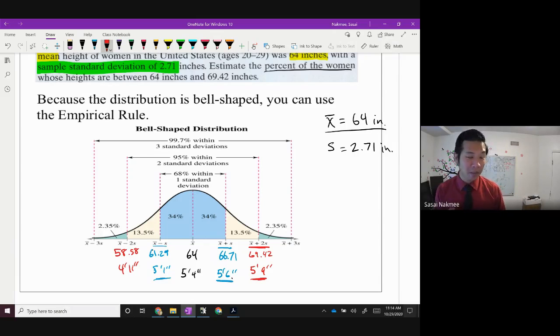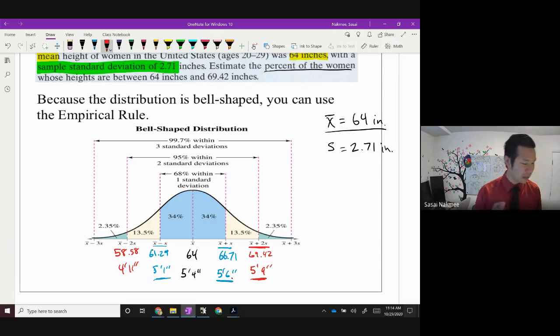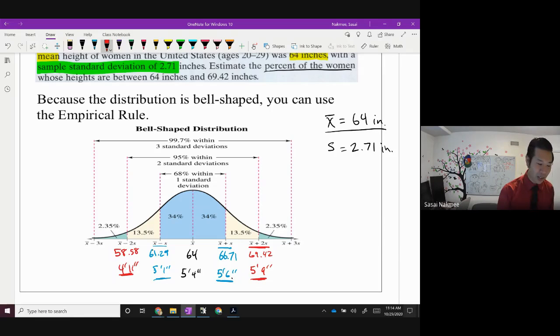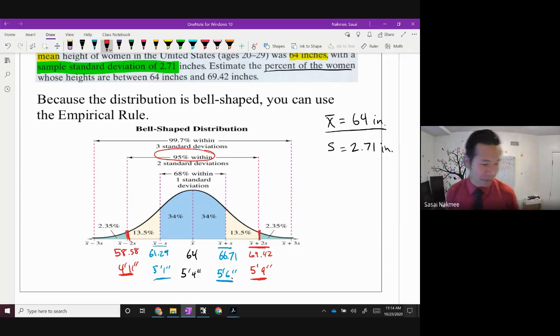Do you know many women who are 4 foot 11 inches? So you're telling me my mom is within 2 standard deviations? Yes, if she is between 4 feet 11 inches and 5 feet 9 inches, she's within 2 standard deviations, and she's part of this 95% of the population who are between 4 foot 11 and 5 foot 9.